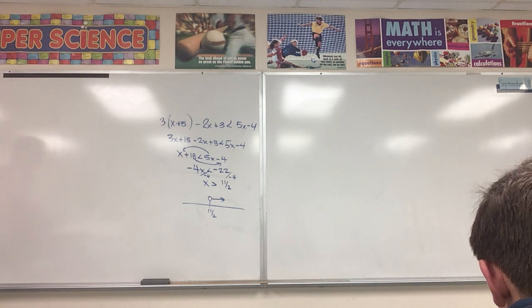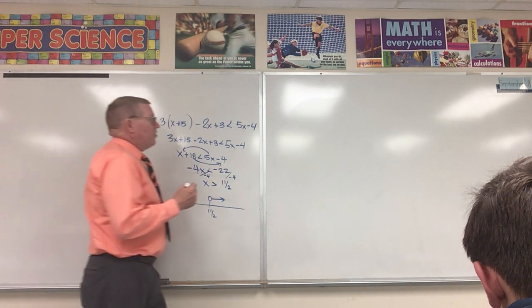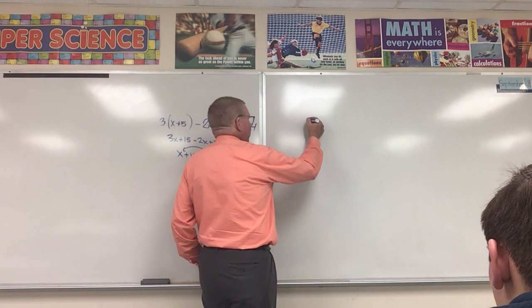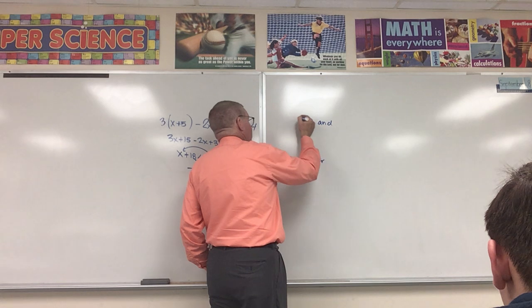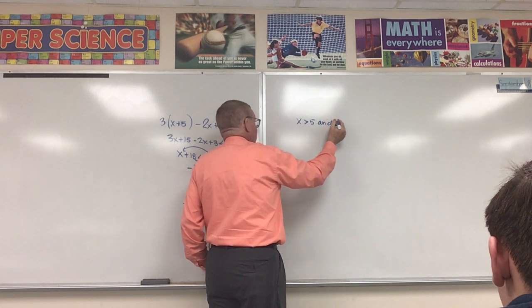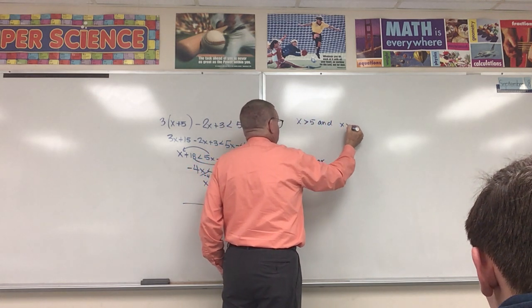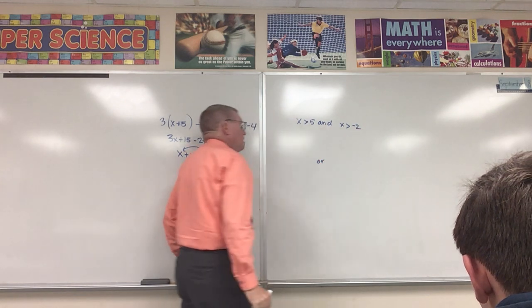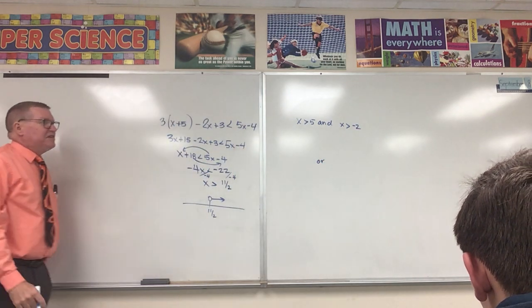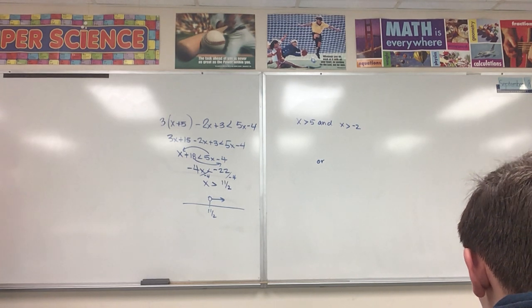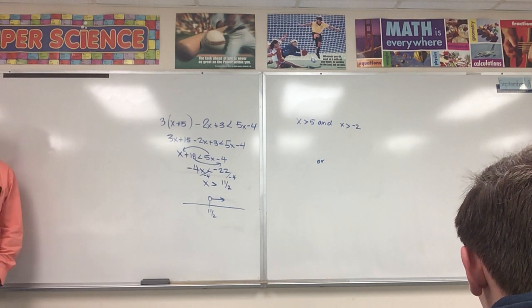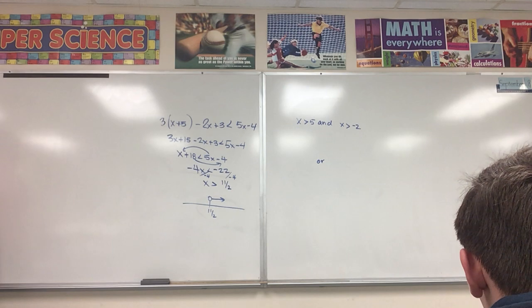So that's pretty straightforward. We also talked about compound inequalities, so ands and ors. So take for instance, if we had this answer here, x is greater than 5 and x is greater than negative 2. We have to make sure that we're careful of how we write our answer.